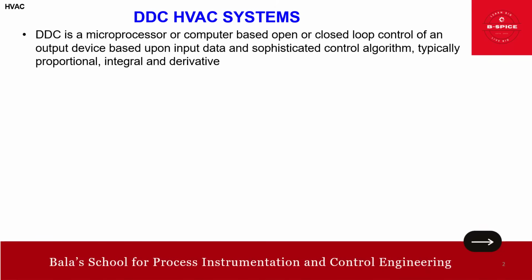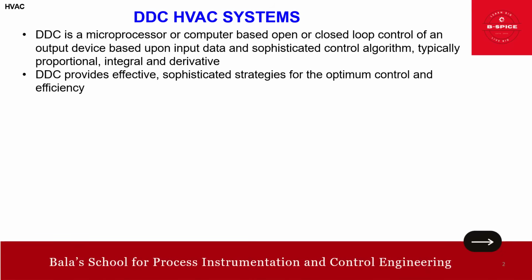If any of you are interested to learn about the PID controller, you can also watch our channel. So this is a basic definition. It's a microprocessor or computer-based open or closed loop system. So DDC actually provides effective, sophisticated strategies for optimum control and efficiency.